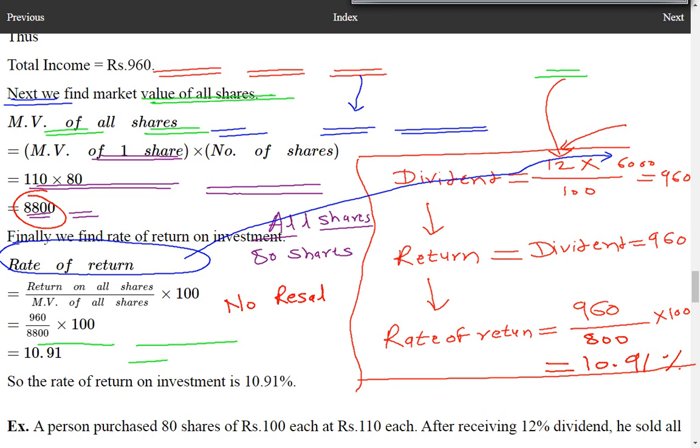We are going to see two more examples where there will be resale: resale with profit, and resale with loss. So in this example there was no resale. In the next two examples, there will be resale with profit and resale with loss.